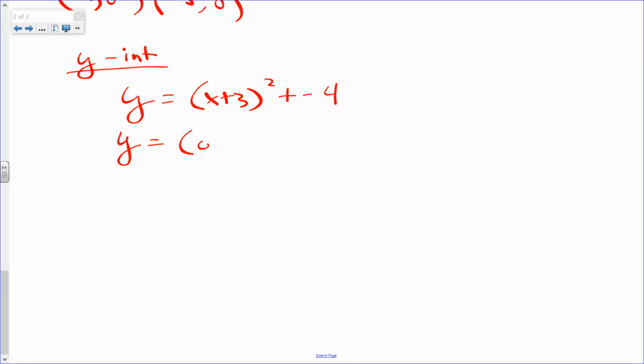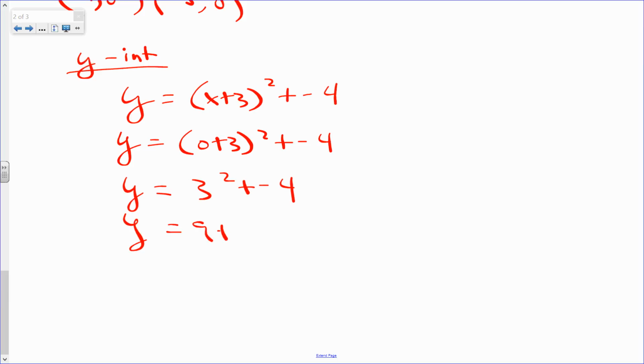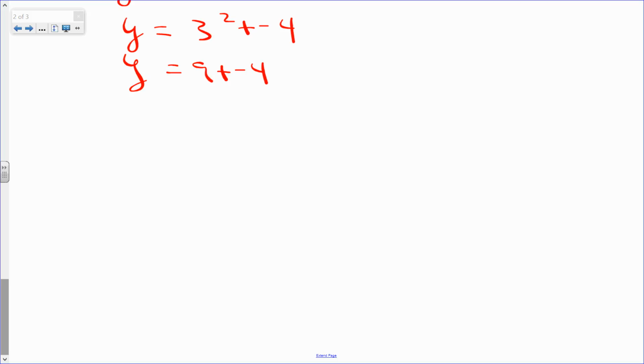Y is 0 plus 3 squared plus negative 4. So y then is 3 squared plus negative 4. So y is 9 plus a negative 4. So y is 5, which means that's the y-intercept.